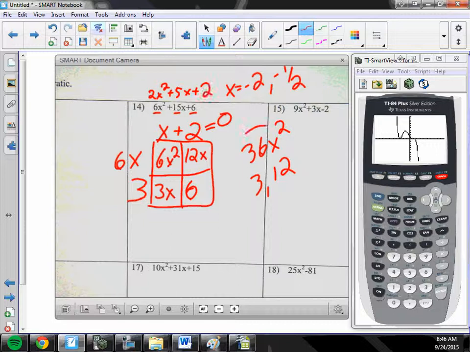And that would make this number smaller. And actually, when you finish it out, this would be 2 and this would be 1. And you're still going to get negative 1/2. So if you look at the original problem and you say, oh, they all have a greatest common factor of 3, then you can divide that number out and then just solve it. Okay?